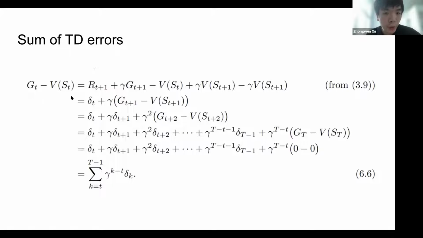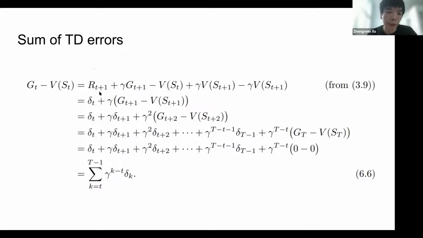This important equation is telling us a very important property of the TD errors. The equation says the return from time step t, G_t, minus the current estimation of the value, V of S_t, is equal to, as you can see very easily, the recursive form of the return.